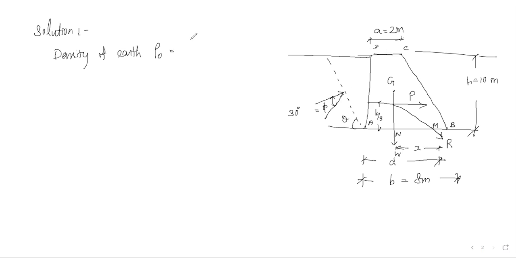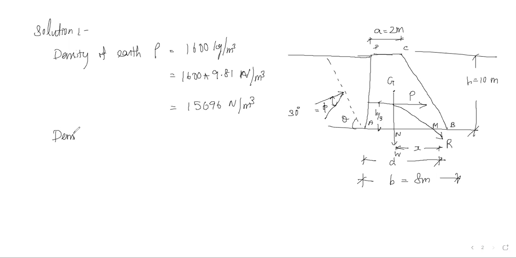So density of earth is rho, 1600 kg per m cube. So 1600 multiplied with 9.81 Newton per meter cube. It becomes 15696 Newton per meter cube.